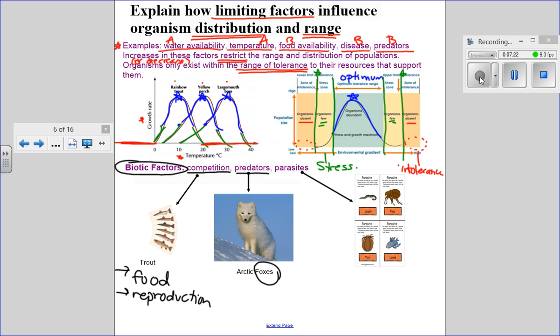A limiting factor for a lot of organisms could be a parasite. So you'll notice over here, I have a flea, a leech, a tick, and a louse. They're all different types of parasites. A parasite requires a host.